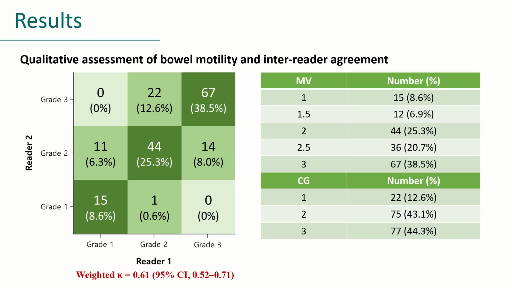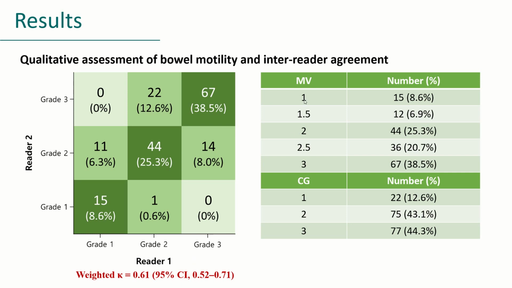These are results. The darkest green cells indicate concordant cases, while the lighter green cells represent discordant cases. There are a total of 48 discordant cases. It is noted that cases with a 2-grade difference between two readers did not arise. The weighted kappa value showed a lower margin of substantial agreement.